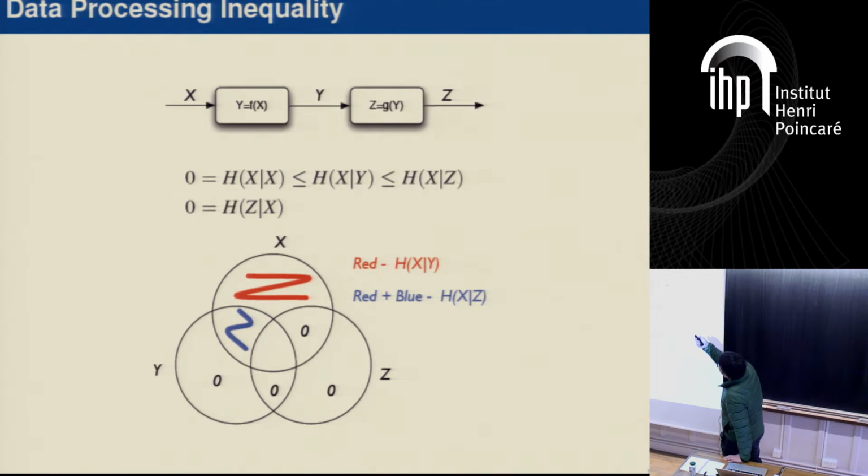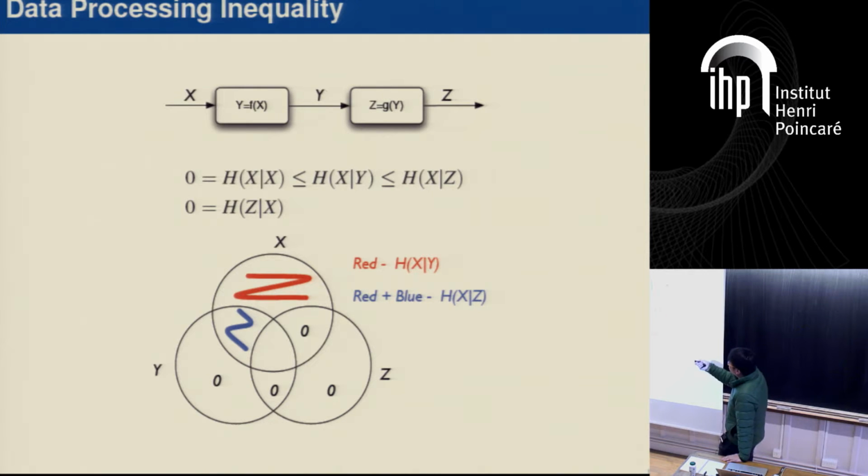And the second one is Z is a function of Y. So given Y, Z will have 0 entropy. So these two terms become 0. Technically, you may think maybe the sum is 0, so one could be a and the other minus a. But our requirement implies that this has to be non-negative because it's a conditional entropy, and this is non-negative because it's a mutual information. So therefore, it has to be 0 here.